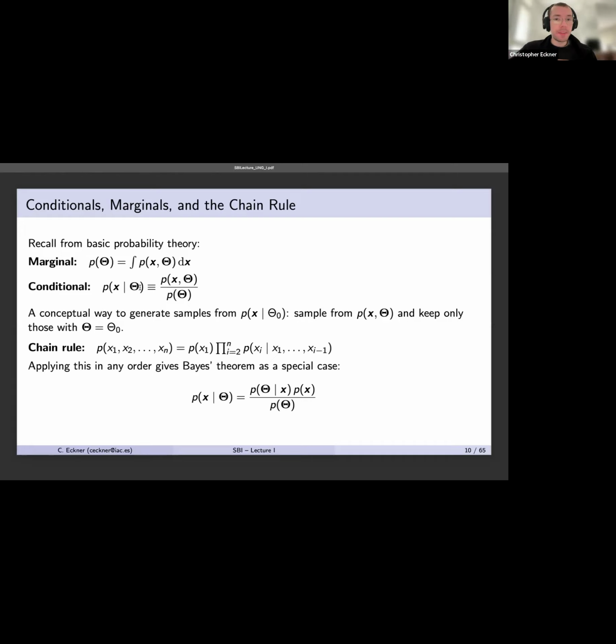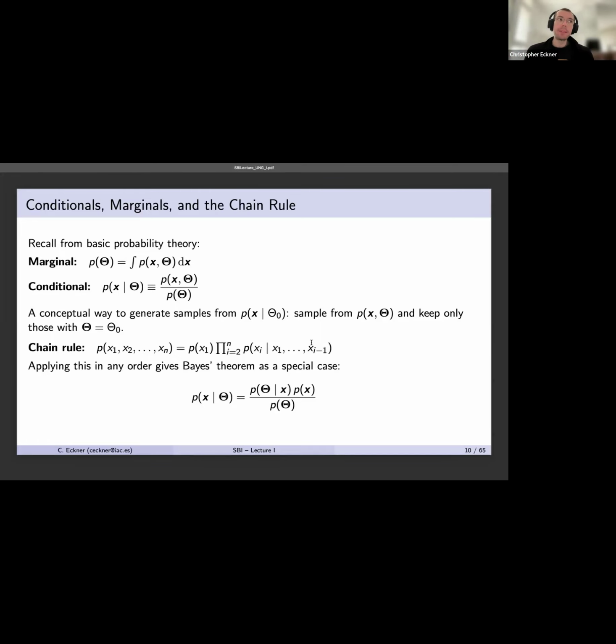Right. And then this kind of conditioning can be applied in a chain rule to write your joint probability as the product over many of those conditional probabilities, as is indicated here in this particular formula. So there's always the way to, let's say, autoregressively describe your joint probability as the product of many conditional probabilities.